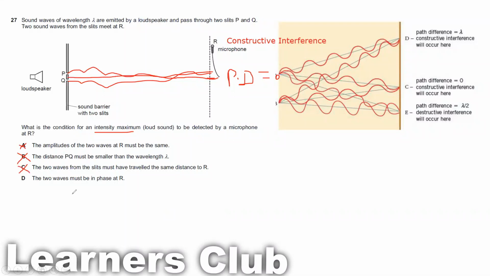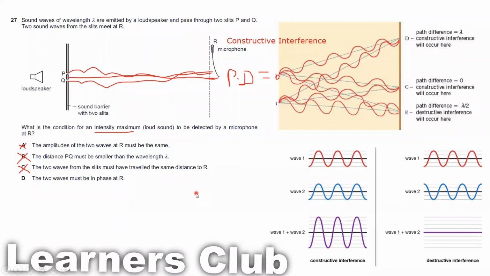Option D, the two waves must be in phase at R. So when two waves are added in phase, you can see they are all in phase. That means the crest of wave 1 is aligned with the crest of wave 2.